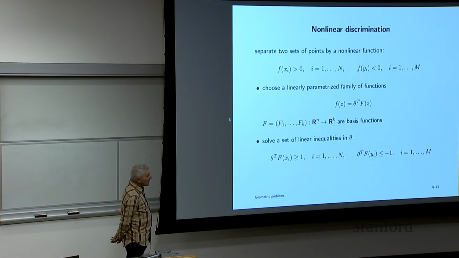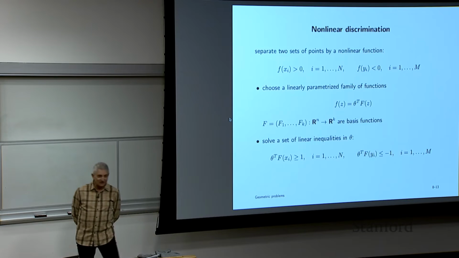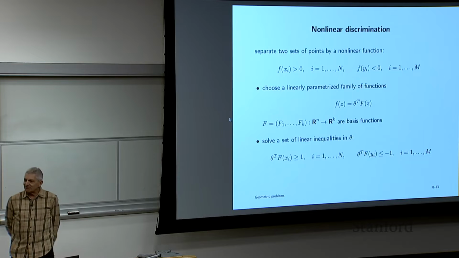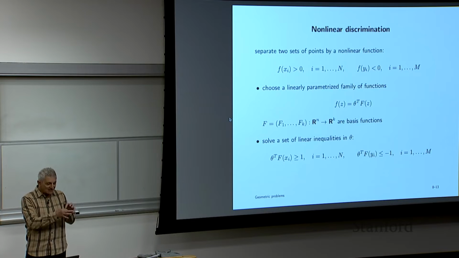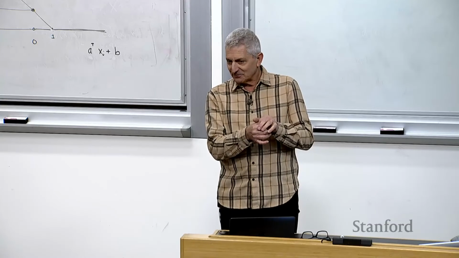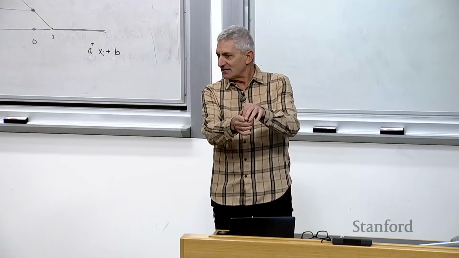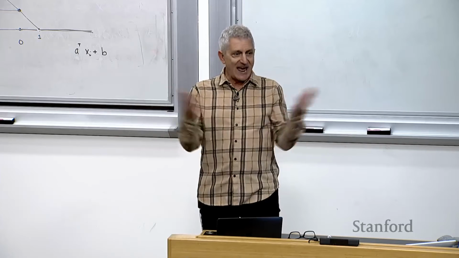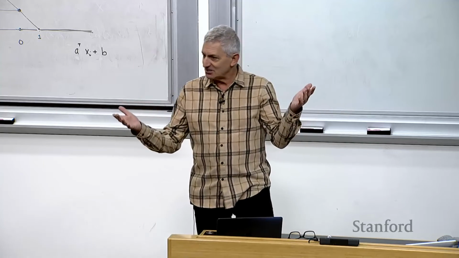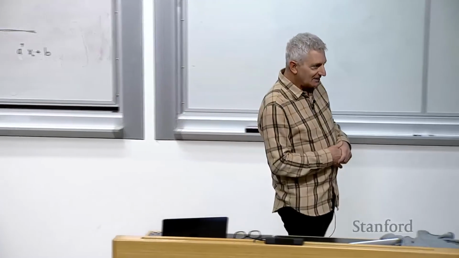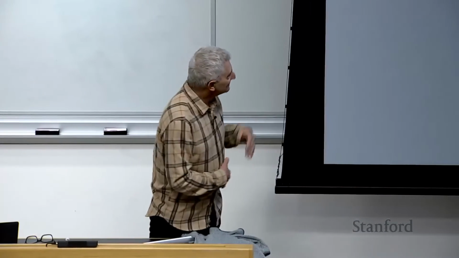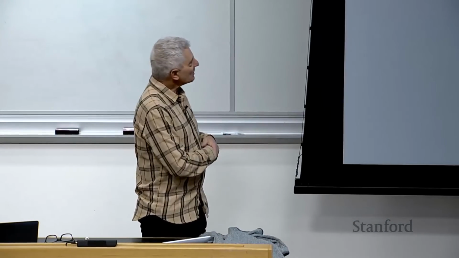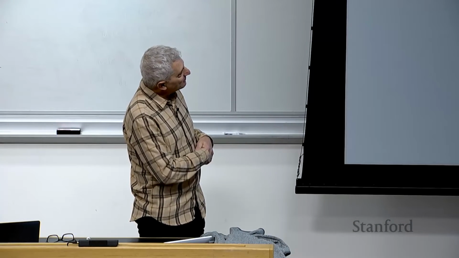Now, of course, there's a gazillion functions that separate two sets of points, because I could define a function that's positive right around each of our x's, negative around each of our y's, and then I don't even care what it is anywhere else. It doesn't matter. That's silly. You want some family of functions to regularize your choices. And so you could do things like this.